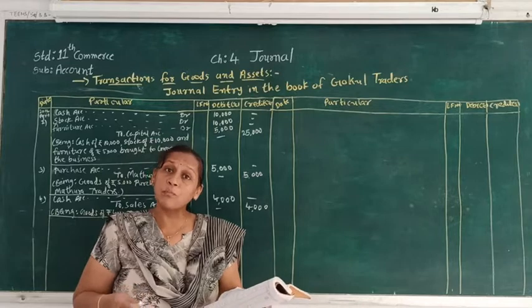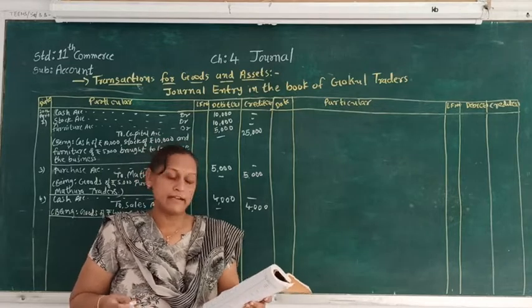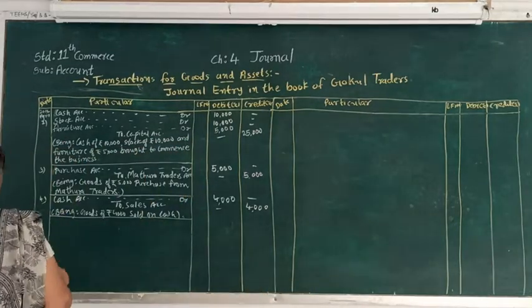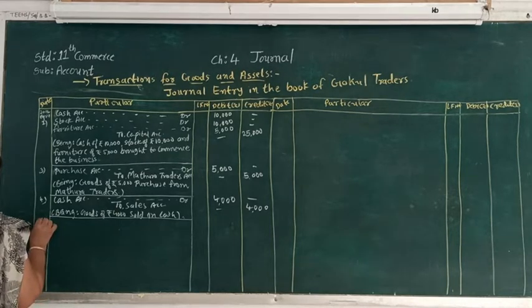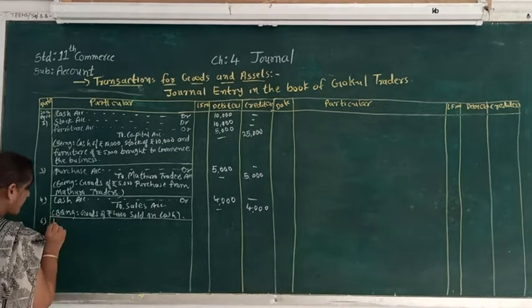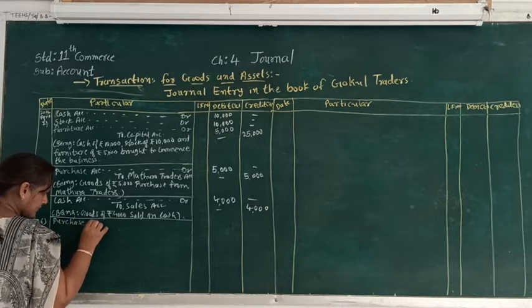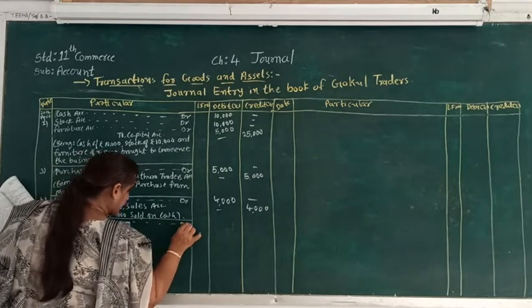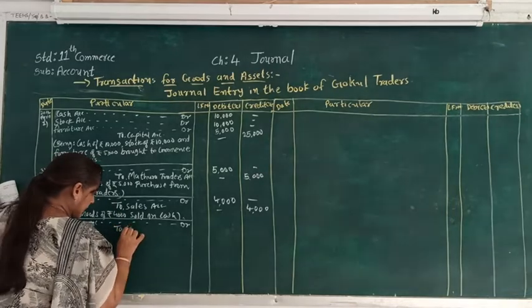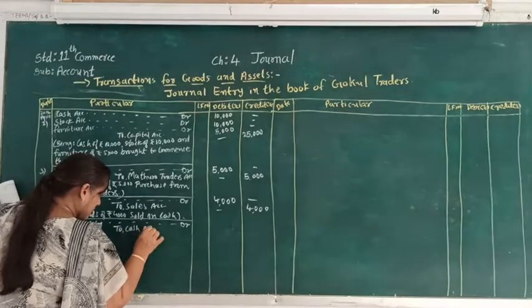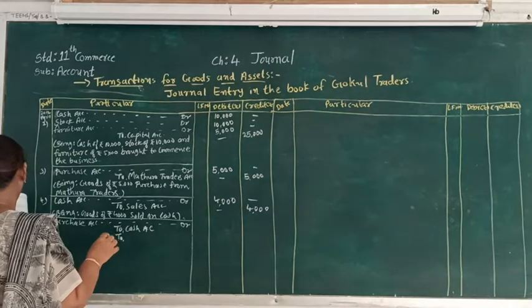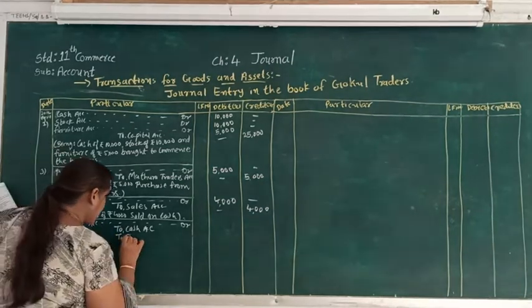So here we are going to combine the journal entry. On the 6th day, purchase account debit to cash account, to Rushikesh's account.